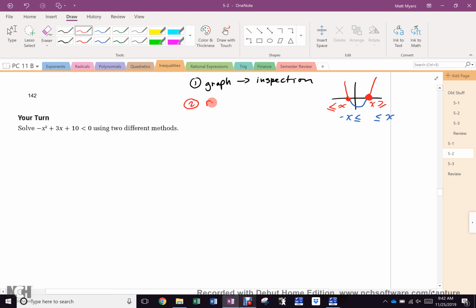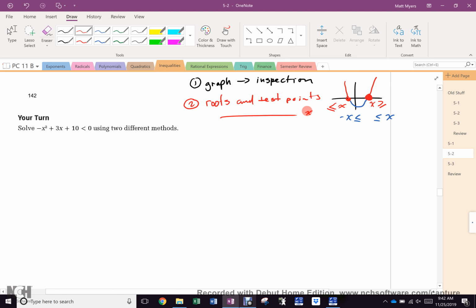Method 2 was roots and test points. Because the x-axis is split by most parabolas into how many parts? 3. Some parabolas split it only into 2 parts. Is it possible that a parabola will not split it at all?